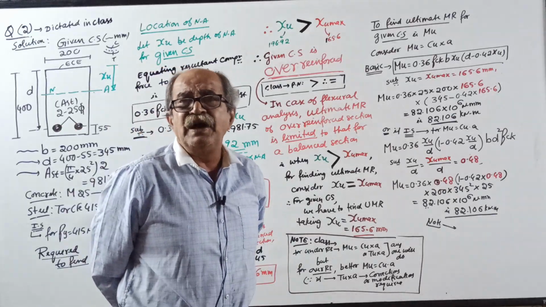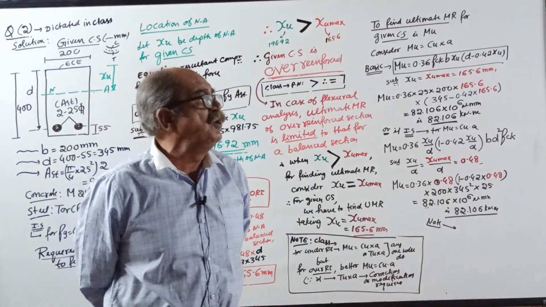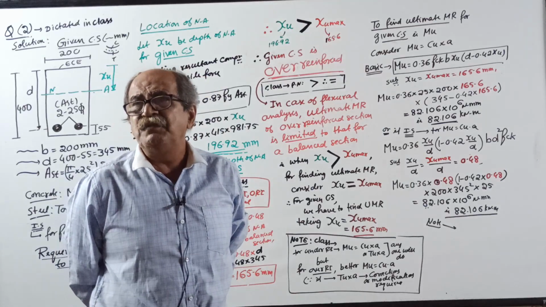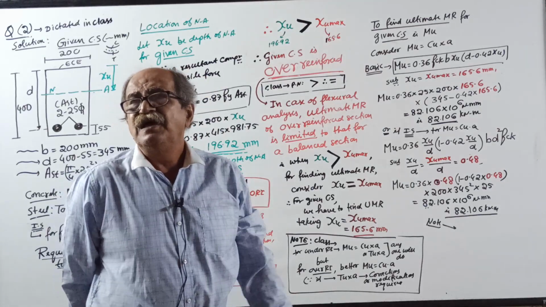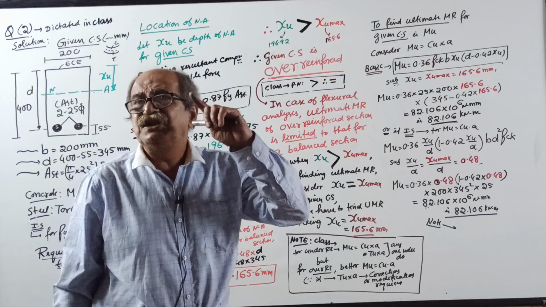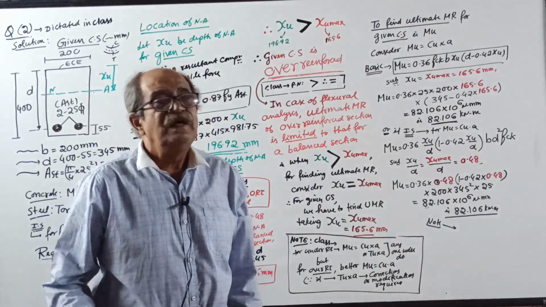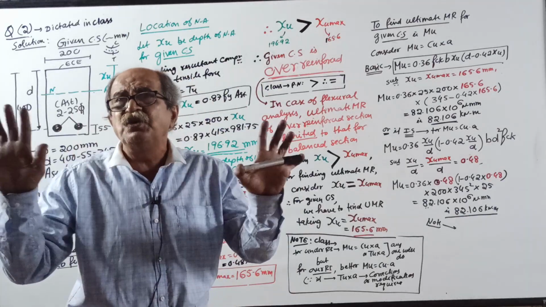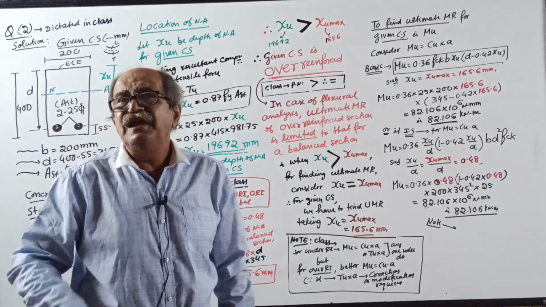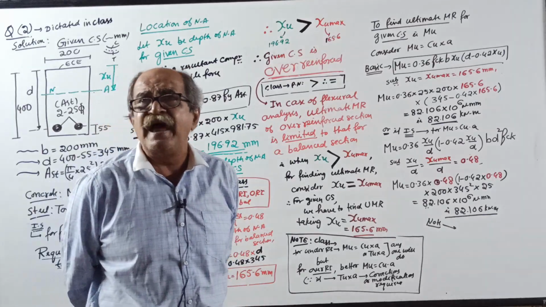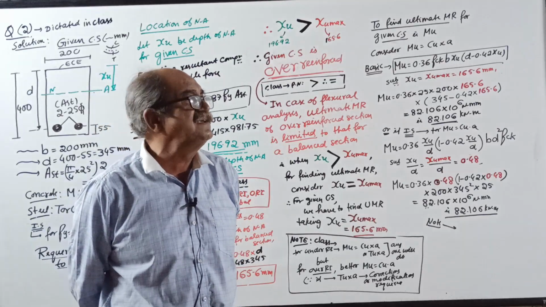Or if the cross section is found to be over reinforced, even though ultimate MR of that cross section is much more than ultimate MR for a balanced section, the extra strength you should not use. Area of steel provided is more than that required for balanced section.